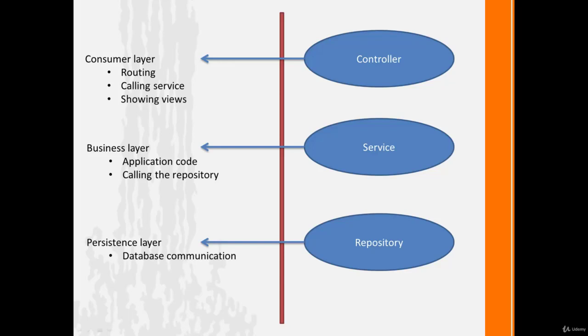Then let's assume that this data the user posted should be put into a database. Well, then you need to call the repository, which is where the data would be inserted with actual SQL statements. This is also where your database connection lies. This is where you could communicate with an actual database.